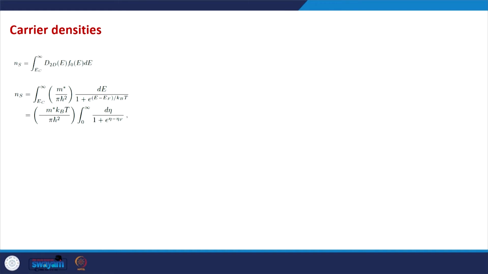Now we come to an important idea, which is the carrier density, or number of charge carriers, in the channel in the Landauer transport model. If you recall, in an arbitrary semiconductor, the number of electrons or charge carriers in the conduction band is given by this integral from Ec to infinity dE.